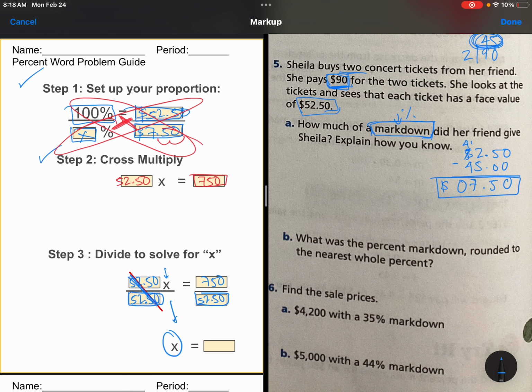Now let's do this division. Not as simple as we thought it was going to be. 750 divided by 52.5. I'm not going to put on a 0 because that's going to make things more complicated, so I'm just going to leave it as 52.5.